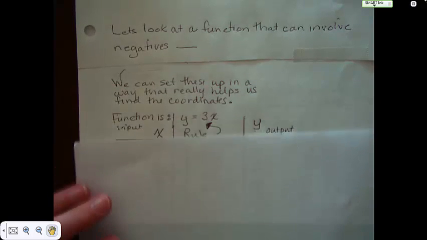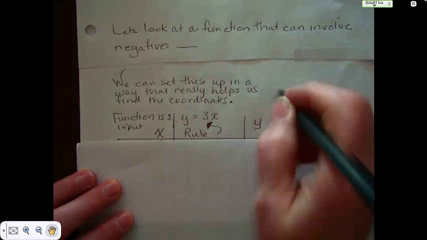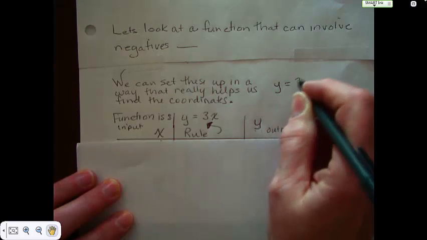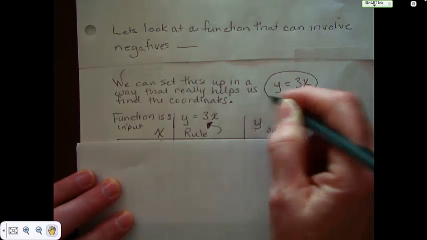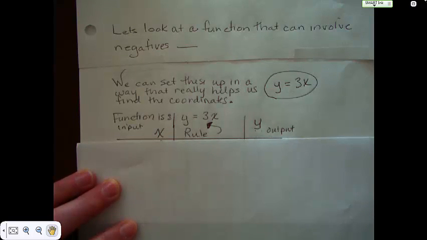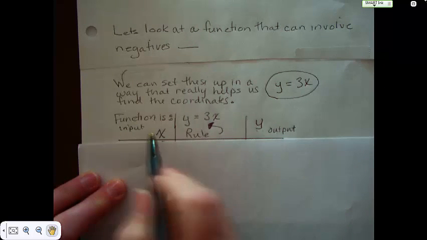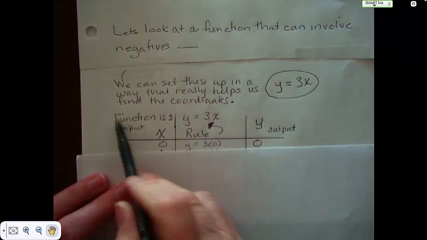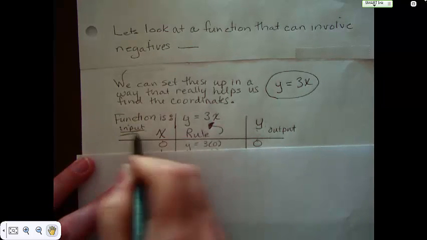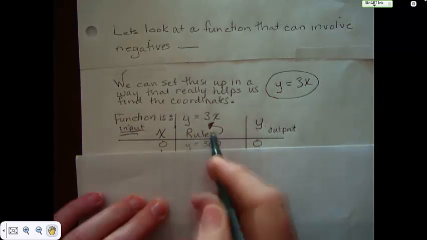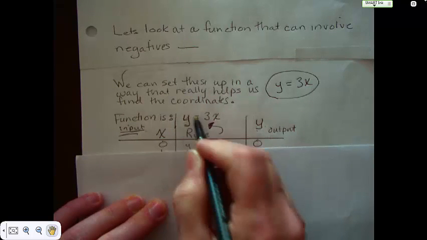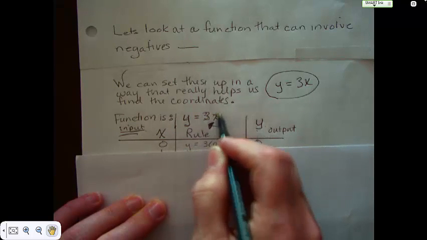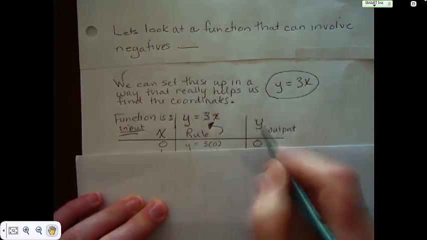Let's say we have a function y equals 3x. They've given it to us. Okay? We're going to set it up in a table here, which I think really works well for beginners. It actually has 3 parts. Okay? The first part is the input, the x. I always put the rule in the middle, y equals 3x. Okay? And then the output is over on the right hand side.